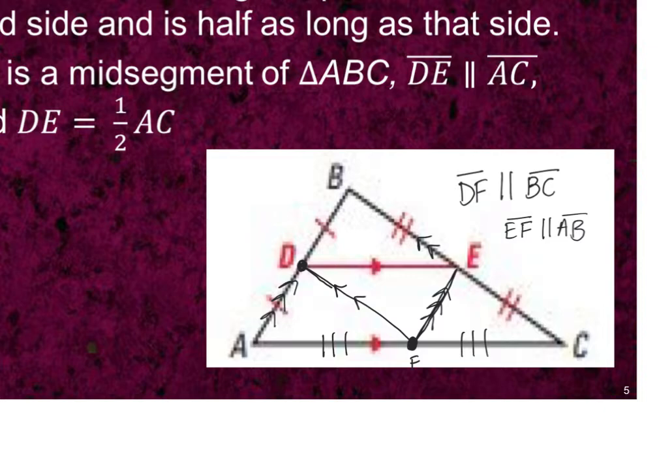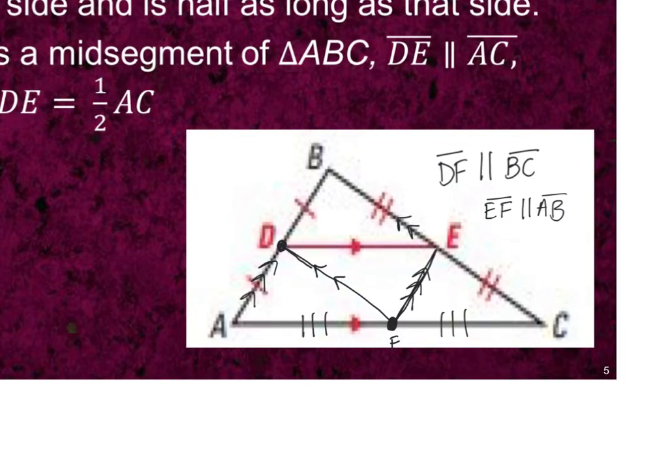So DF was 1/2 of BC, and then we also know that EF is 1/2 of AB. This is just a theorem, okay? It's called the Mid-Segment Theorem, but it includes two properties. The fact that those line segments are parallel, and also that they're 1/2 the other side's length.